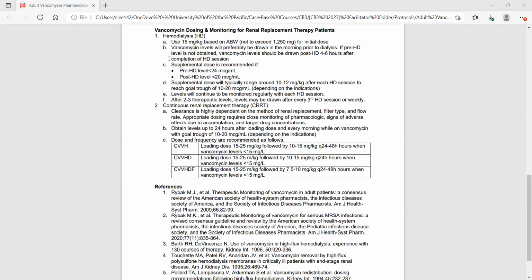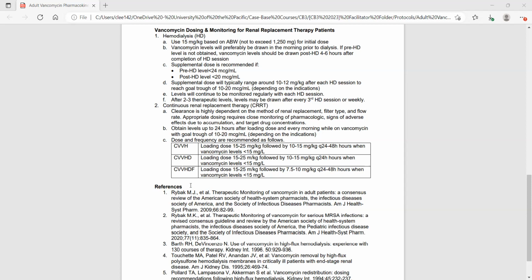But there's another dialysis called continuous renal replacement therapy, where they're hooked up to a dialysis machine basically 24/7. It's continuously getting filtered, so basically they're getting a kidney device. In this case, depending on your type of renal replacement therapy, you might have different dosing and different frequency.